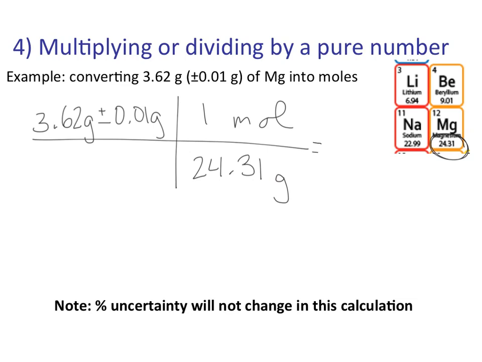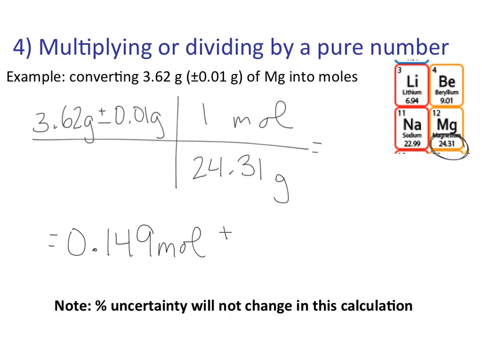Okay, so when you do this into your calculator, you're going to do 3.62 divided by 24.31, and that's going to give you 0.149 moles of magnesium.